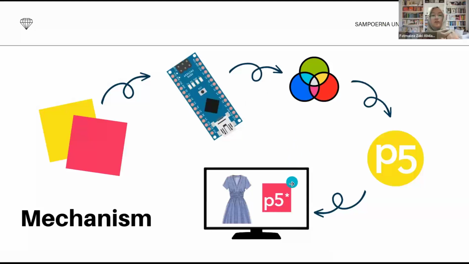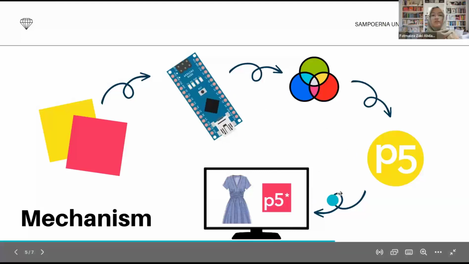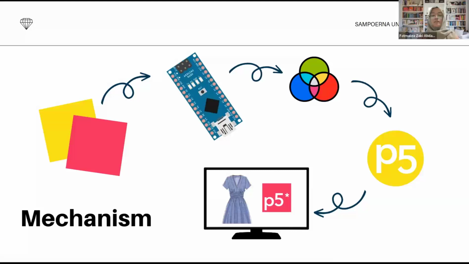directly appear on the sketch, on the coding itself, we will use P5 serial control to convert that RGB value that has been collected by the Arduino Nano and put it into the P5.js website, where we put our code and make the sketch itself.